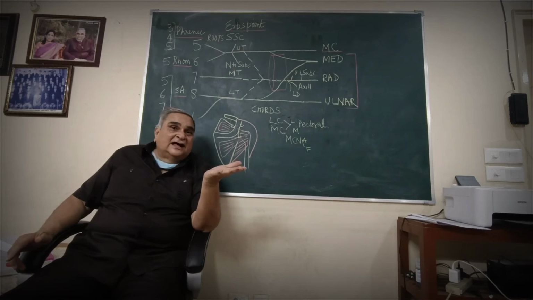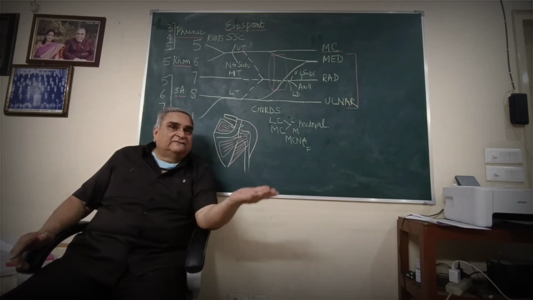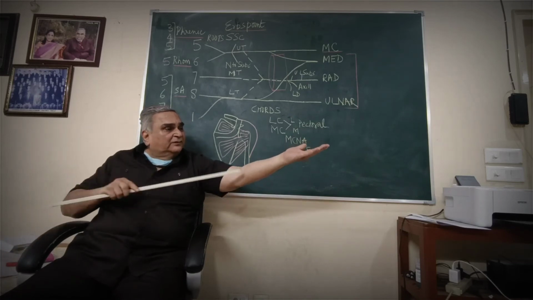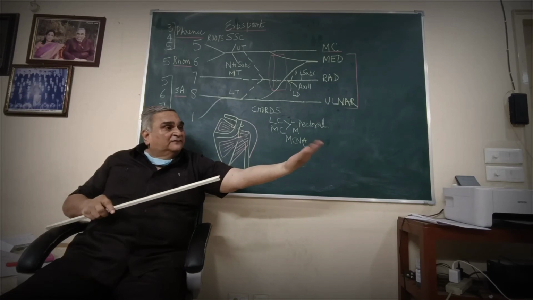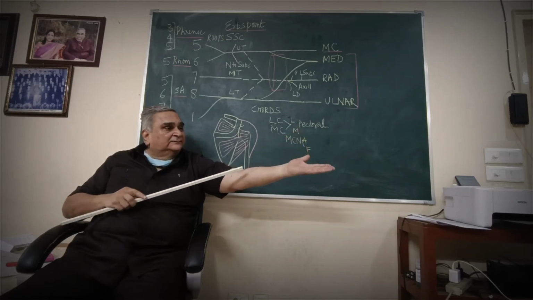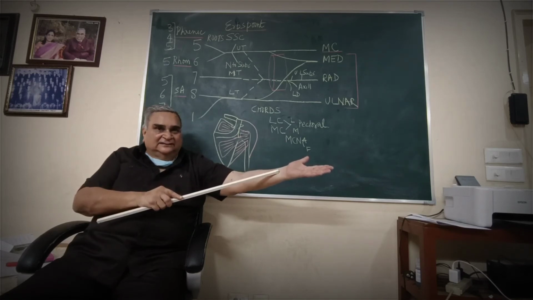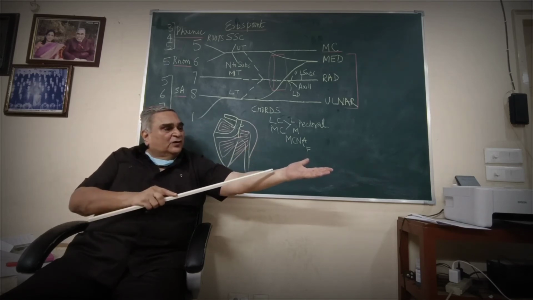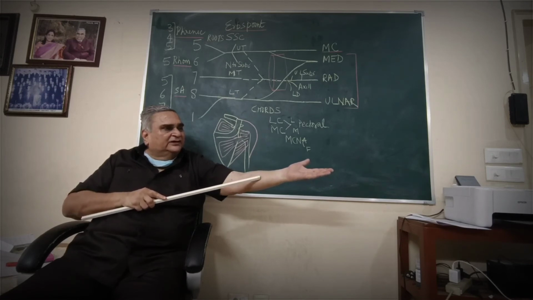Then the ulnar nerve. In a high ulnar nerve paralysis, the flexor carpi ulnaris is wasted, palmar flexion and ulnar deviation is lost, and flexor digitorum profundus 3 and 4 is paralyzed. We'll tell you what happens with the paralysis of FDP 3-4.